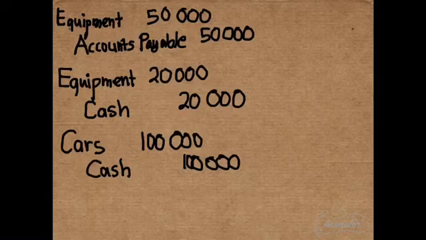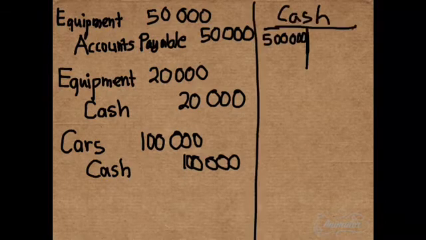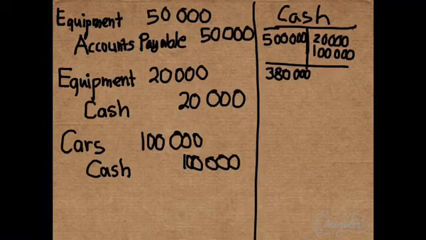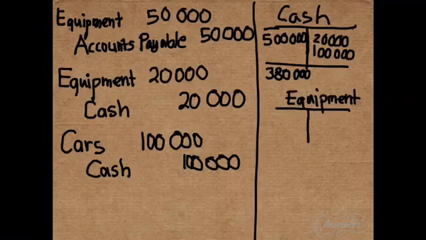The next step that we're going to do on the right side is the general ledger. Notice that we're going to put a T account for cash. Let's assume that the beginning balance is 500,000, and we're going to decrease it by the payments made amounting to 120,000, and then the ending balance would be 380,000.